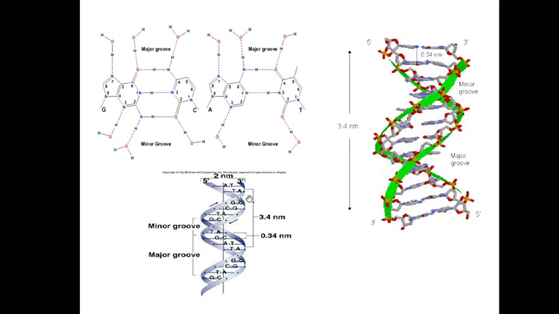Base pairs means one nucleotide is linked with its complementary nucleotide on the opposite strand. Here we can see G and C are joined together by 3 hydrogen bonds, while A and T are joined together by 2 hydrogen bonds.